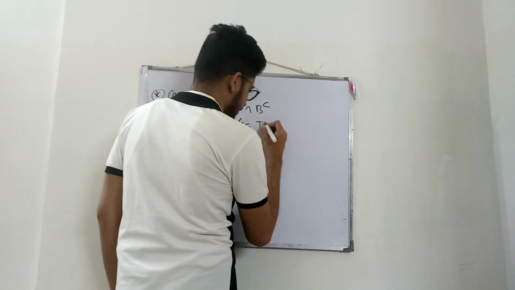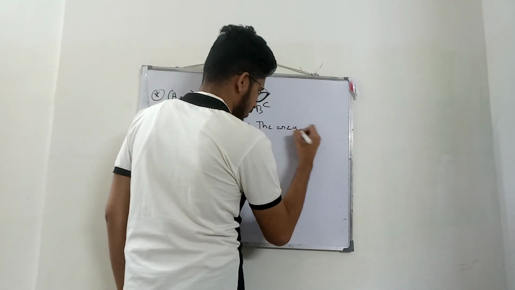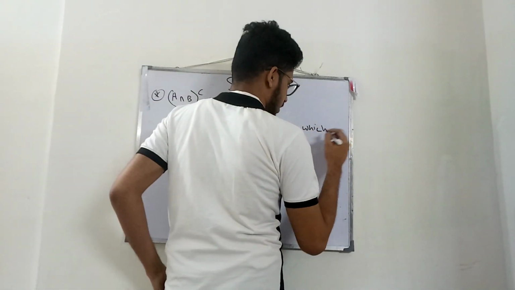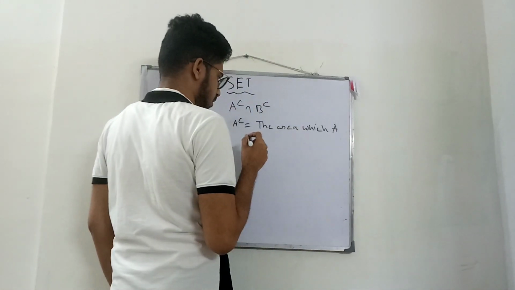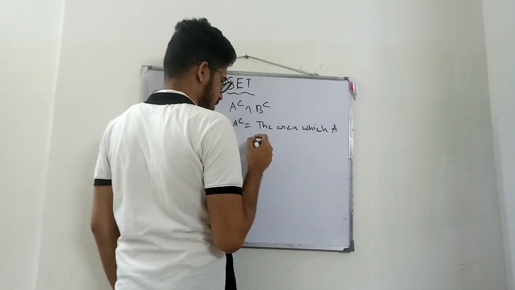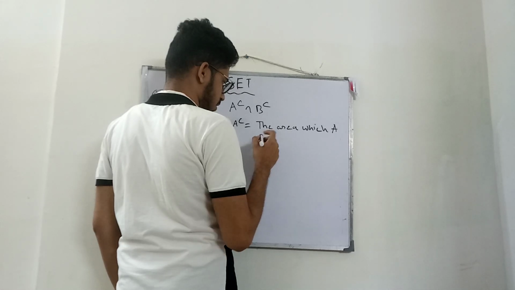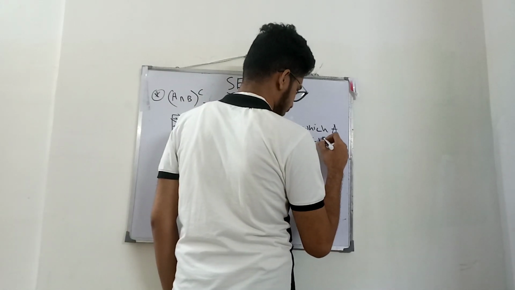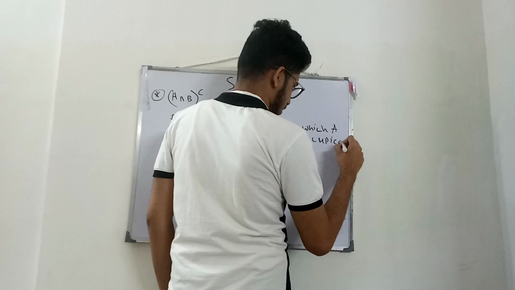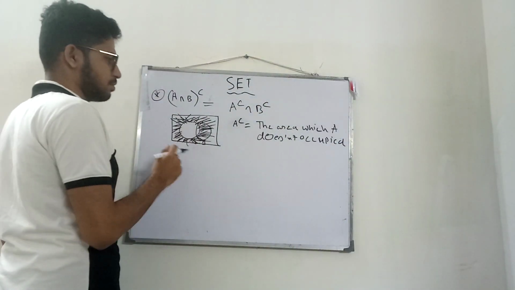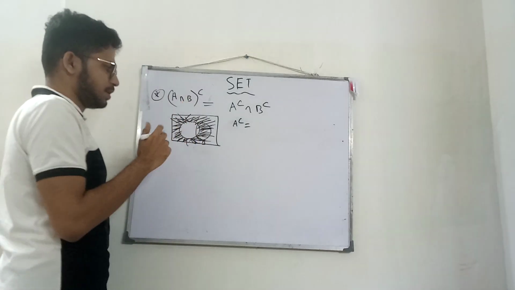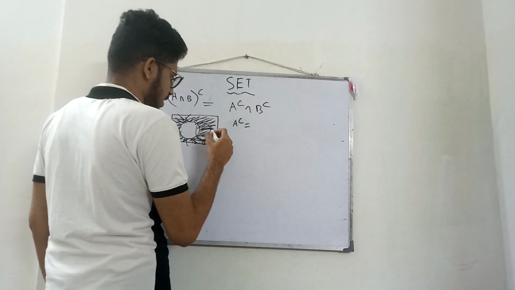The area which A doesn't occupy. The area which A didn't occupy is called A complement, and for B, suppose this area.